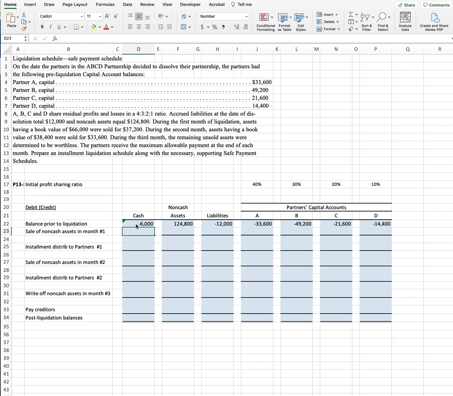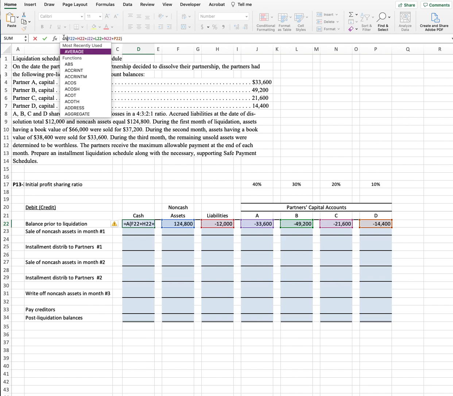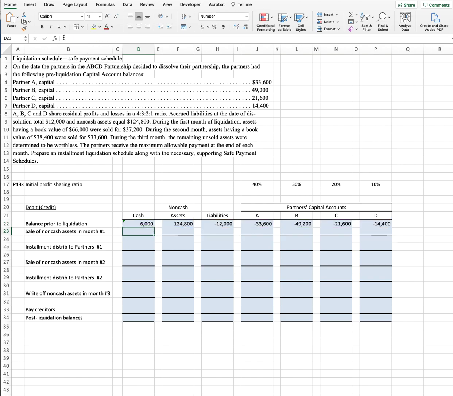All right, and I really should have put the parentheses here and put the negative so that it reported in the positive, or we could have used the ABS. Let's do that. Okay.